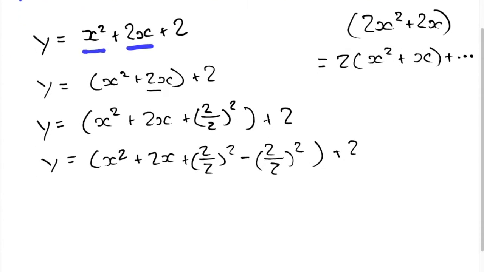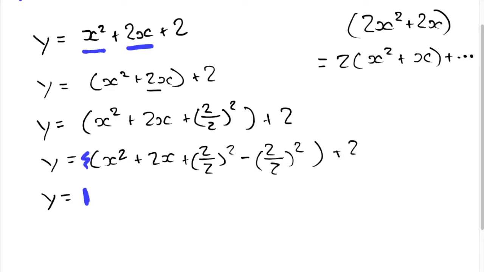Now what we have to do is take the negative 2 over 2 squared outside of the bracket. We do this simply by multiplying it by whatever is outside the bracket. In this case, there is a 1 over here, but since it's only a 1, it's not really going to change anything of -1. So we can simply just remove it out of the bracket.